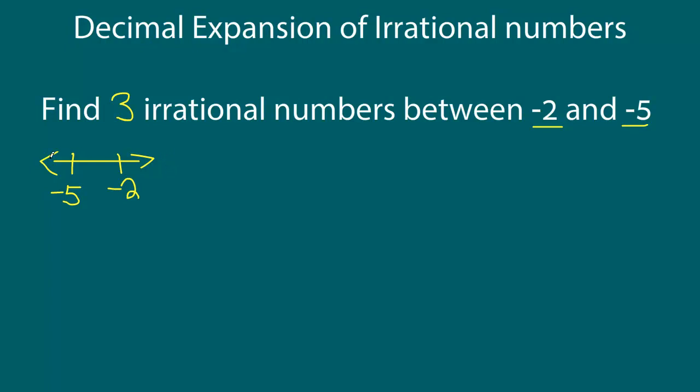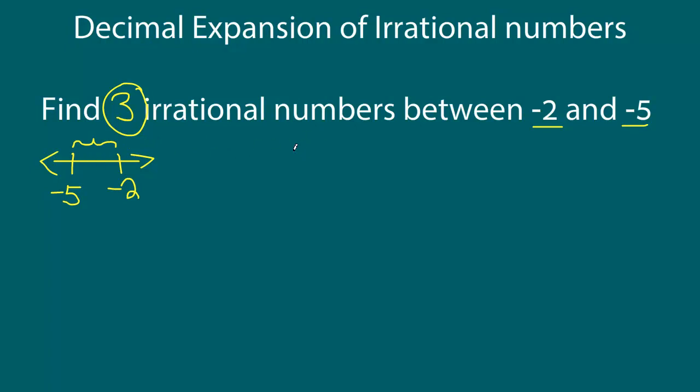Now, you don't actually have to draw this to answer the question, and it is completely not required, but this will help you understand the range of numbers from where you are picking the three irrational numbers. Our irrational numbers need to be here.